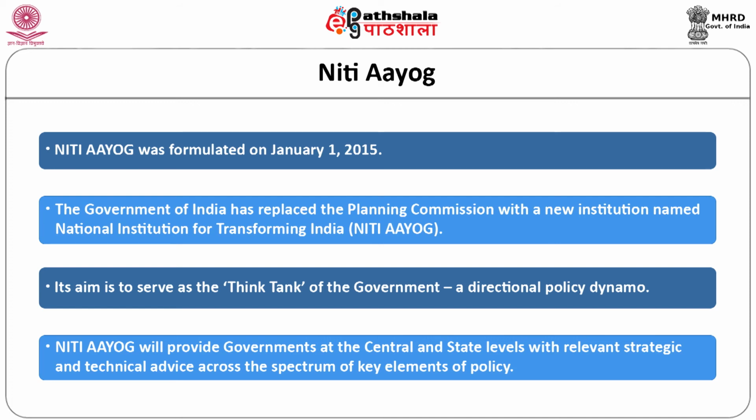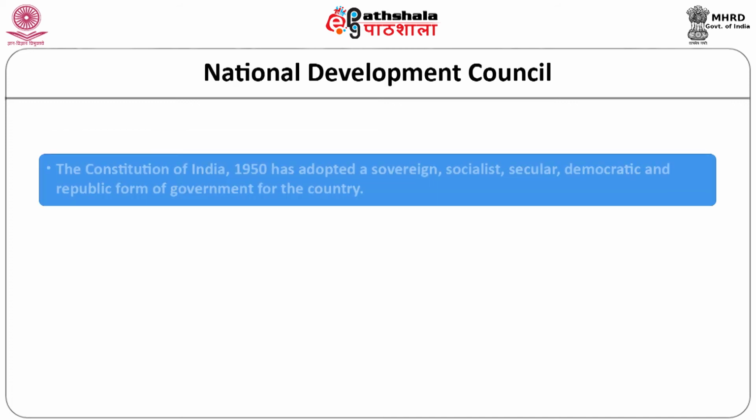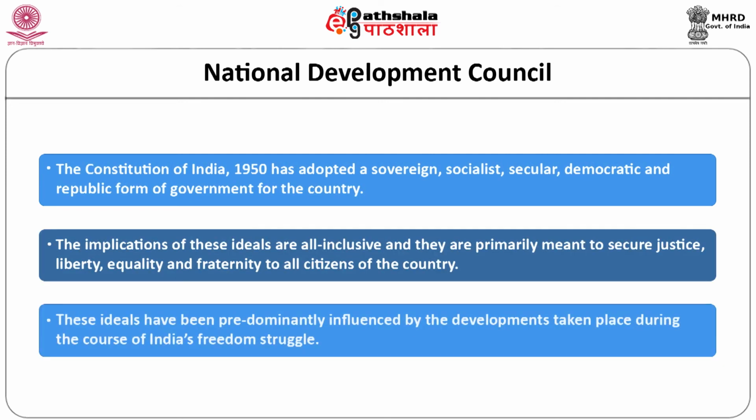And lastly, above all is the National Development Council, which comprises the total states, union territories, and the central government, and initiates the process of giving direction to the policy making.